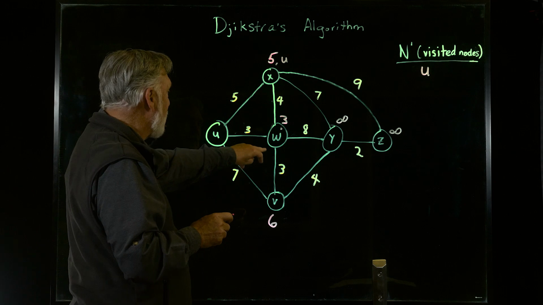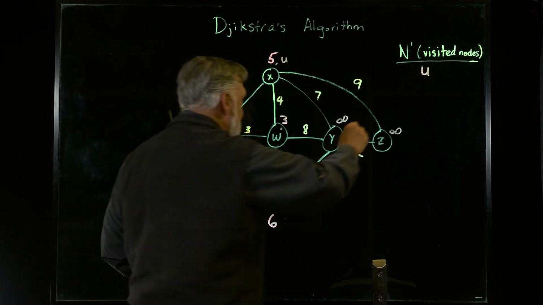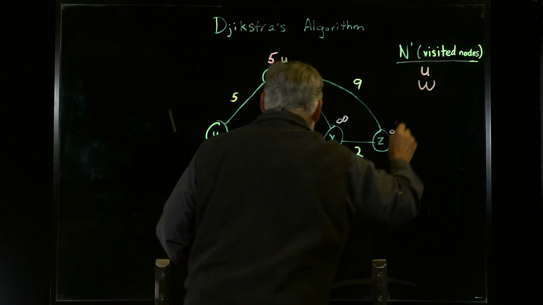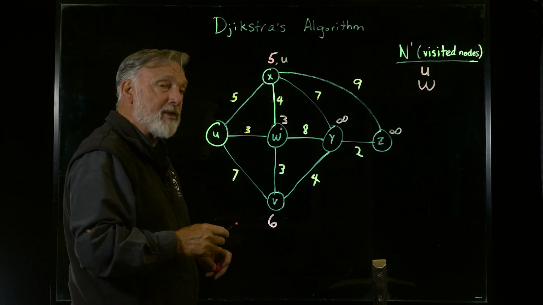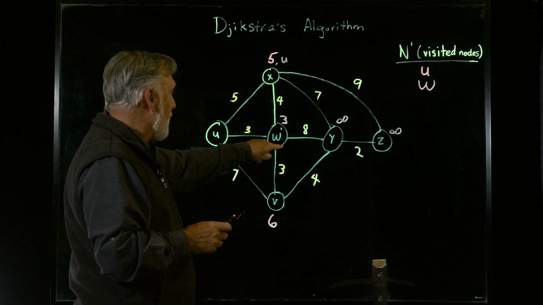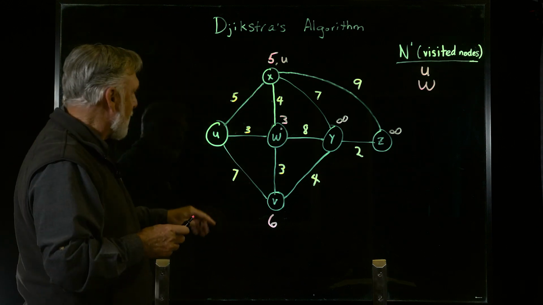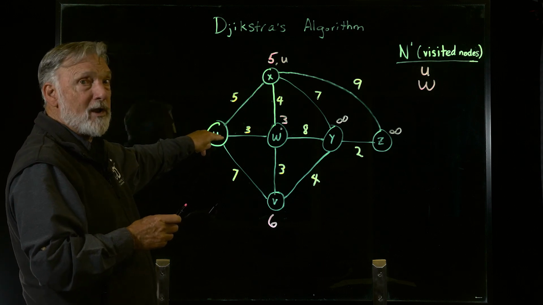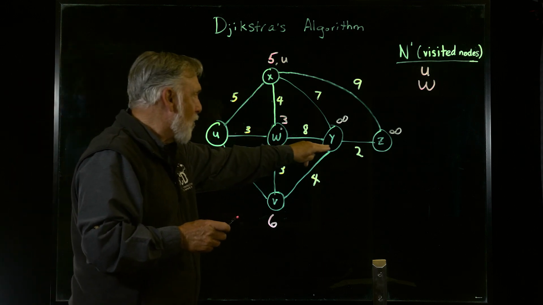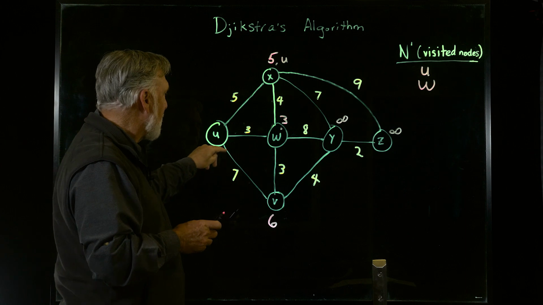And we'll mark down that we visited W, but we still have a little bit more work to do with W because W is connected to Y. As we see, the cost of going from U to Y through W is now 11.